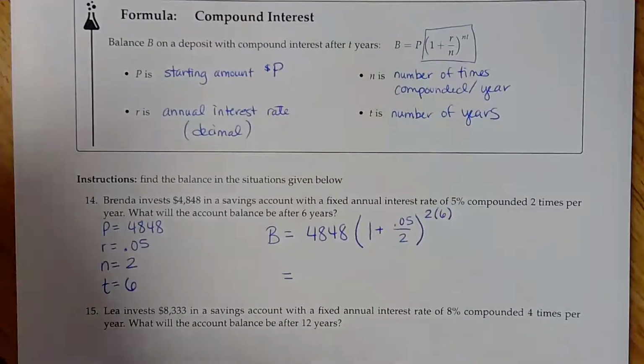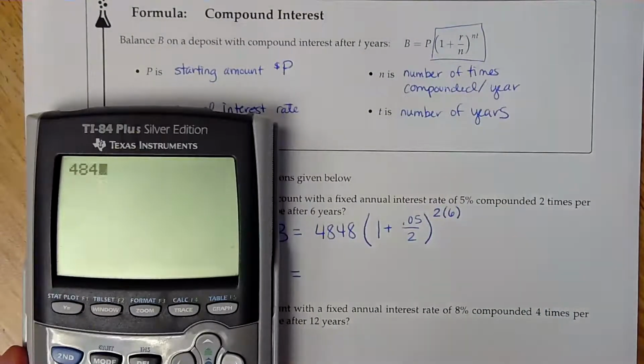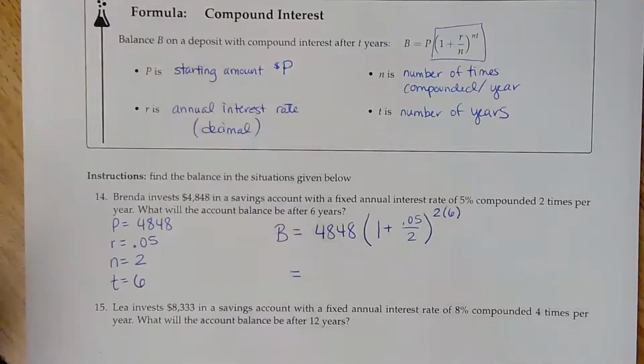And if I put this in my calculator, I have 4848 times, I'm going to open a parentheses, 1 plus 0.05 divided by 2, close those parentheses, and I'm going to put the exponent in parentheses, so 2 times 6, and that gives me about $6,520.02.